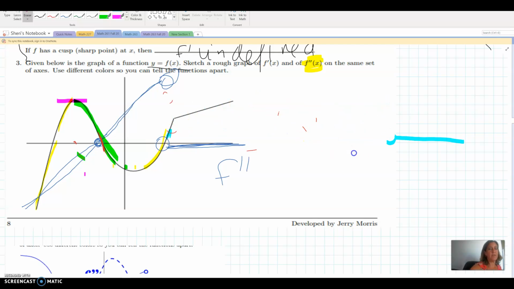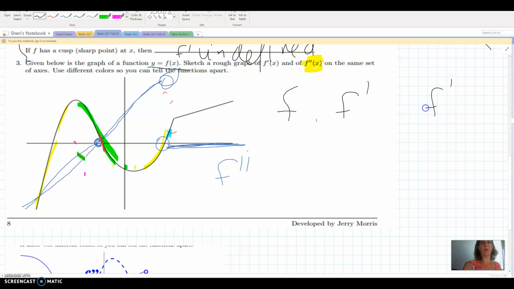And let's see if we can think about how the second derivative is related to the actual graph. So we already know a few things. If I take my original function f, and let's look at f prime and f double prime: if f is increasing, the first derivative is positive. If f is decreasing, the first derivative is negative. If my function is constant, the first derivative is 0.